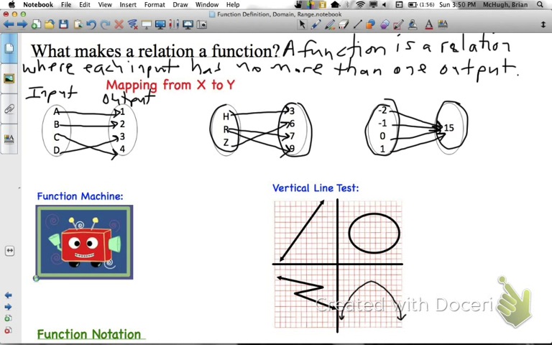So with that definition in mind, a function is a relation where for each input, that input has no more than one output.